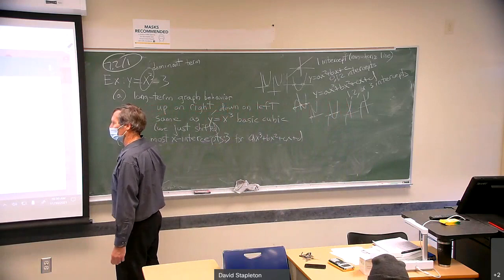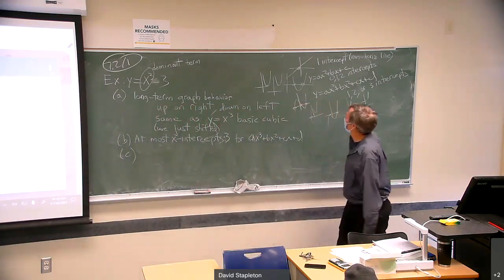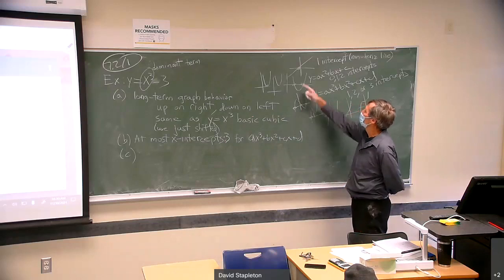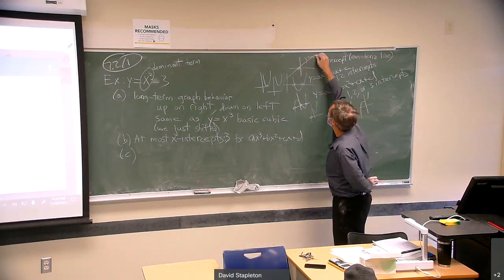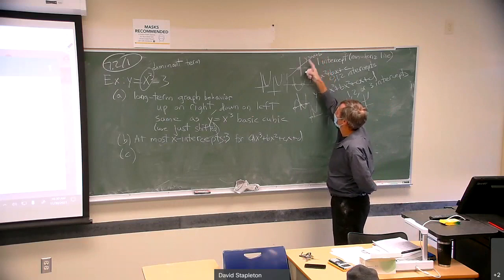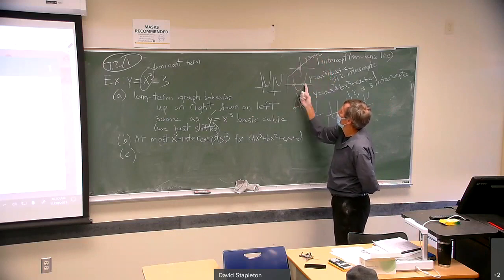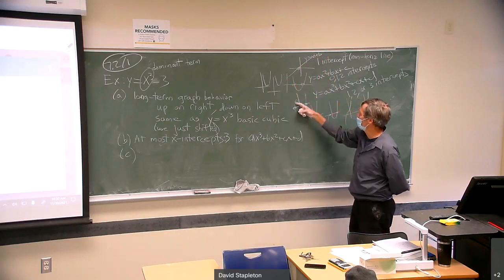All right. Then it said at most how many turning points. If you look at these, the number of turning points is always 1 less than the degree of the polynomial. For a line of degree 1, y equals ax plus b, it has no turning points. So degree 1, 0 turning points. Degree 2, a parabola, has exactly 1. A cubic, degree 3, has at most 2.